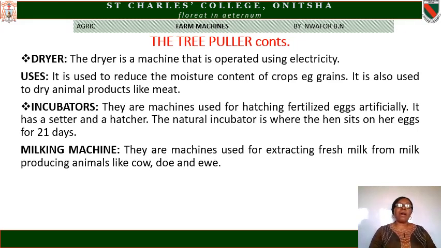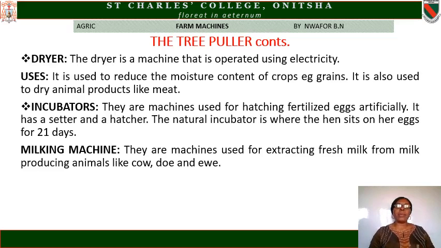The last of the farm machines is the milking machine. The milking machines are used for extracting fresh milk from milk-producing animals like the cow, when you talk of cattle, the doe, as in goats, and the ewe, as in sheep.